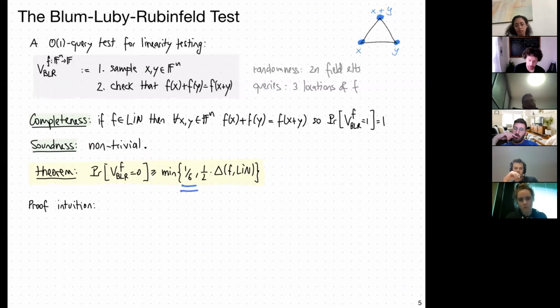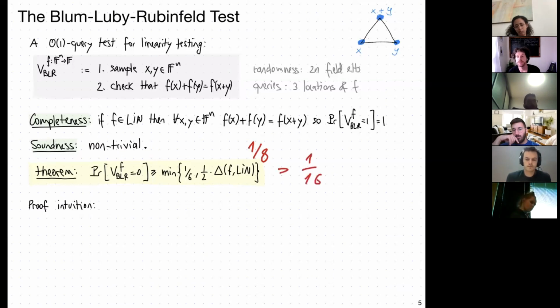So let's see. What are we saying? We're saying, suppose that the function is extremely far. Let's say the function is 1/8 far from being linear. Then it means that the probability that we will reject would be at least 1/16.